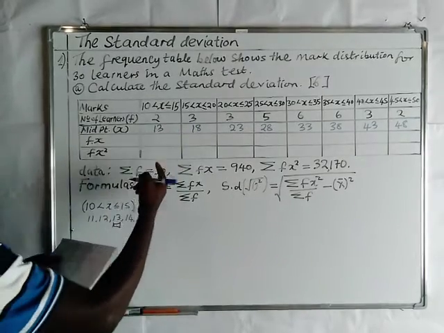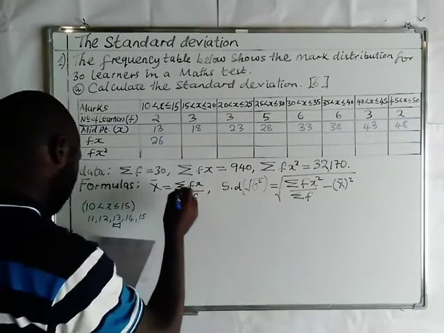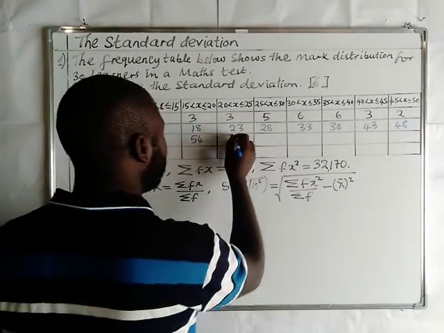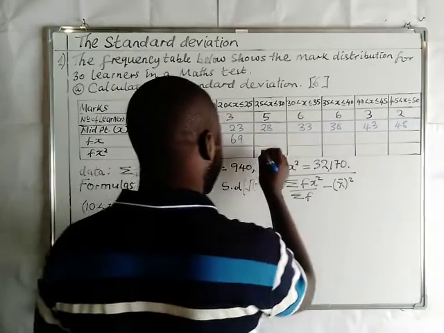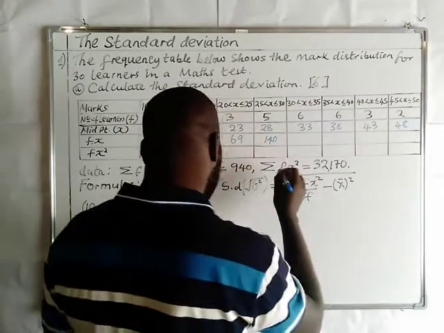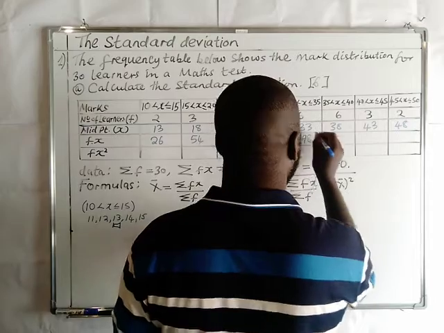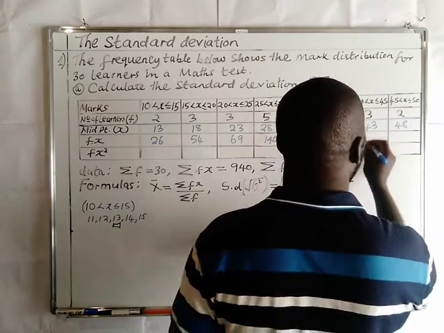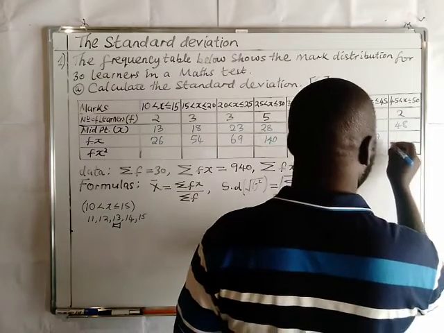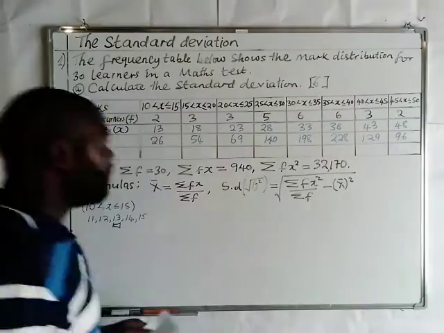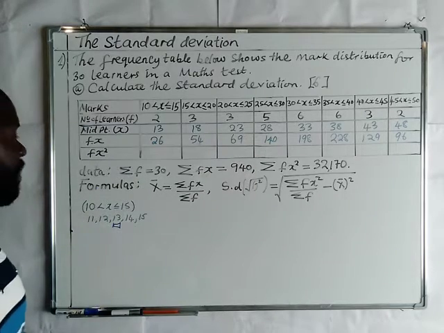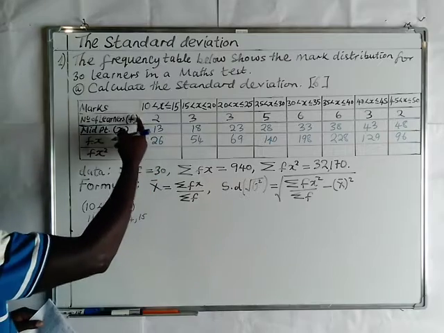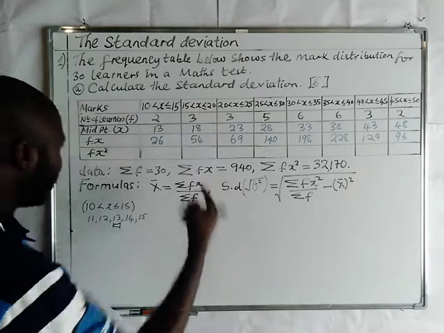We have 26, and here we have 54, and here we have 69, then we have 140, then 198, and 228, 129, and 96. Okay, so these are the fx after multiplying the frequency and midpoint for each class.